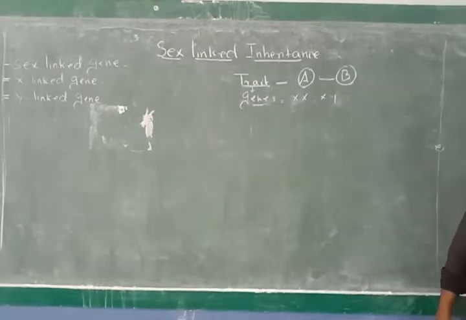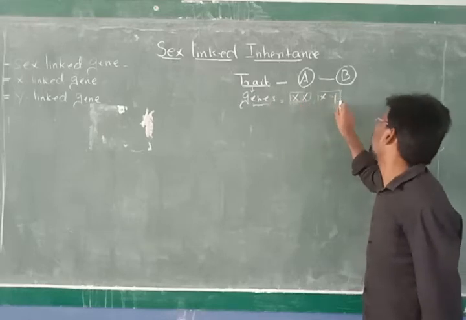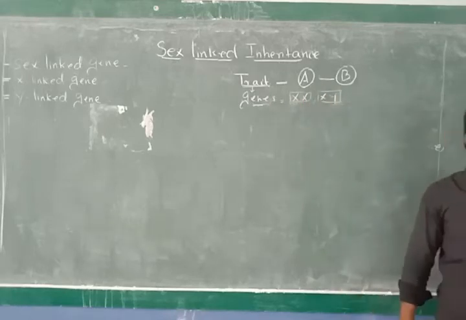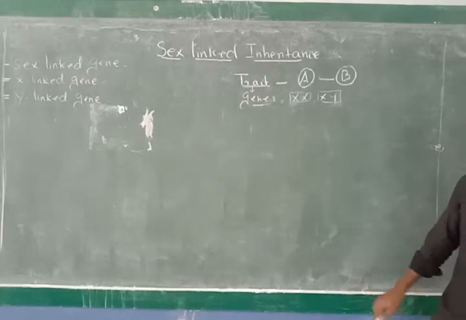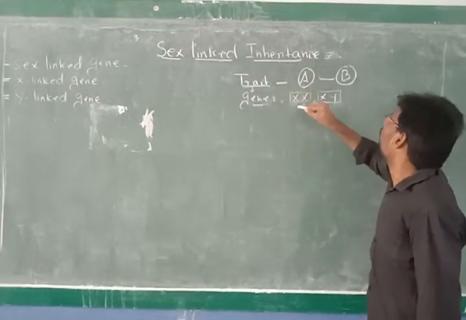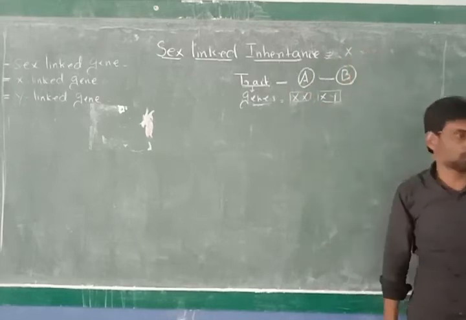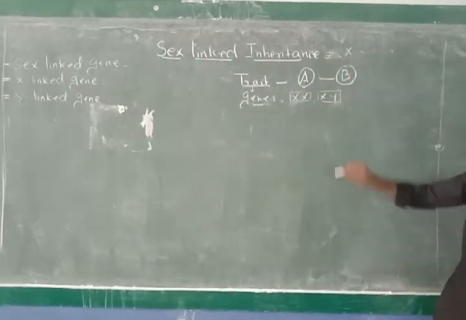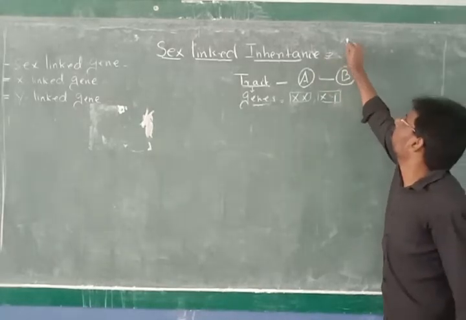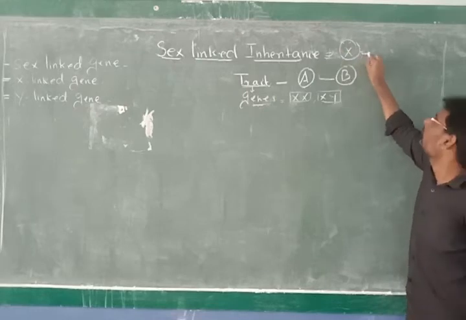This much clear, right? Now here we have two sets of chromosomes, male and female. Most of the time, sex-linked inheritance is carried by the X chromosome, not by the Y chromosome.